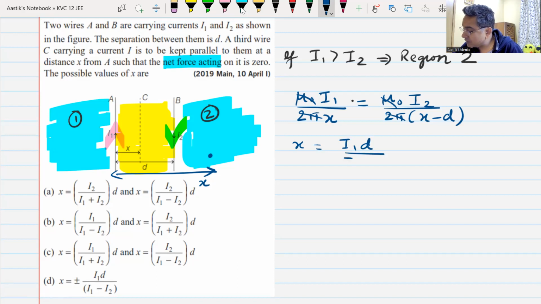I1 d upon I1 minus I2. Yes or no? Or I2 minus I1? Or I1 plus I2? This is what you will get. Yes or no?